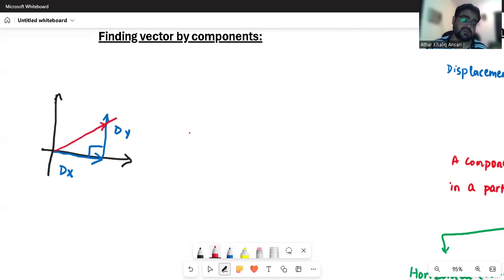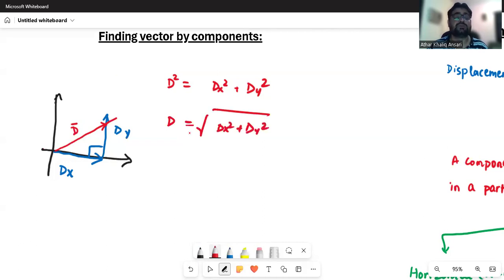As you can see, this d looks like a hypotenuse, and we will use Pythagorean. So using the Pythagorean, hypotenuse square, d square, is equal to dx square plus dy square. To find d, this will be the square root of dx square plus dy square. Now this is the magnitude of the vector.